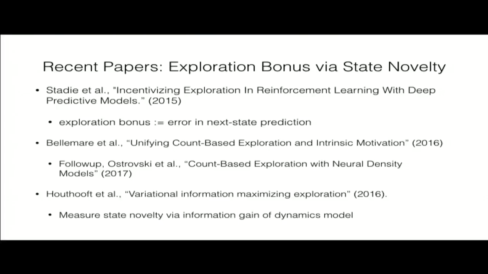How do you decide how novel this image or this robot state is? Well, you could try to fit some kind of density model. That's one thing you could do, but it's not clear if your density model is going to focus on the right degrees of freedom or the wrong degrees of freedom.